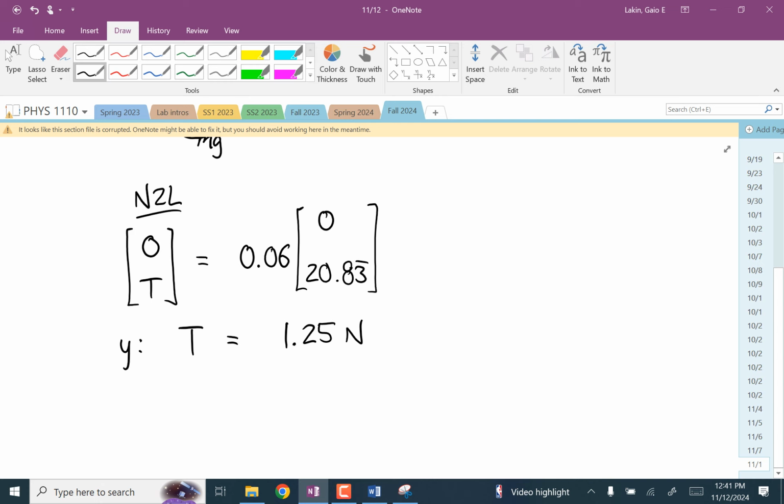Okay, so if you have a string that can only withstand a tension of 1 newton, it'll break. If you have a string that'll withstand 2 newtons of tension, it'll hold up. Yes? What happens to the string if its tension limit is 1 and the force acted upon it is also 1? Yeah, that's a good question.